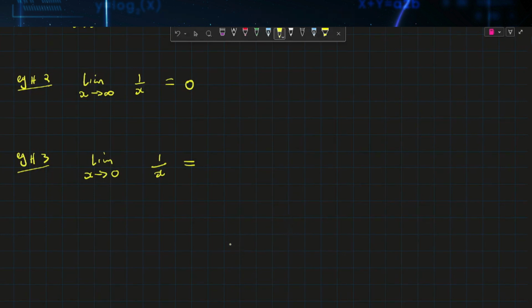Let's find out. If we have this graph, remember, we don't divide by 0. So definitely we are going to have a vertical asymptote at 0, which means our graph is not going to get there. And as we stipulated in example 2, we clearly see that this is 0.